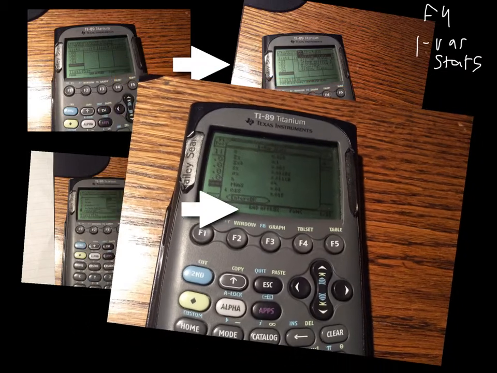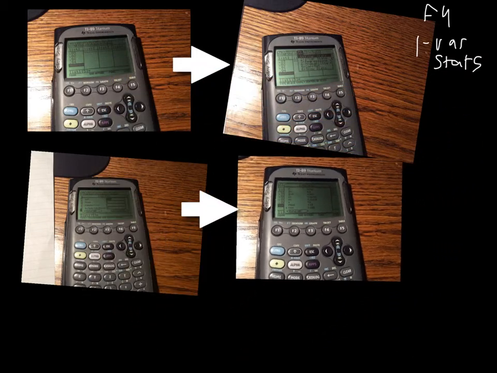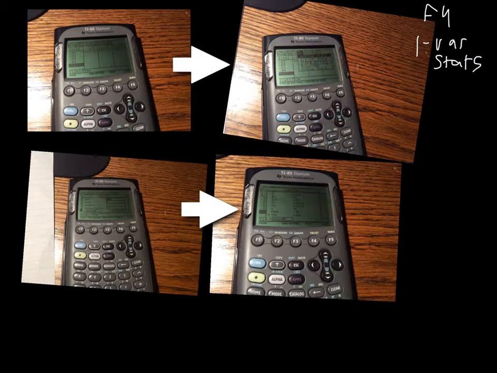And what you're going to need is the X bar. In this case, the mean equals 0.03, and the standard deviation is 0.013.